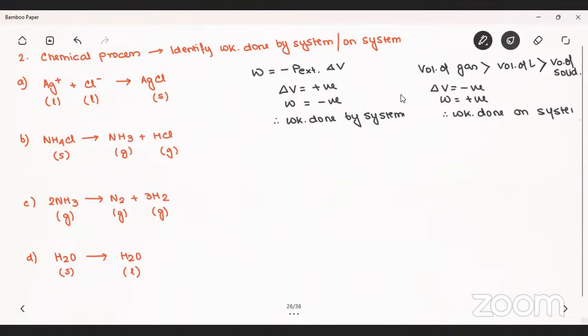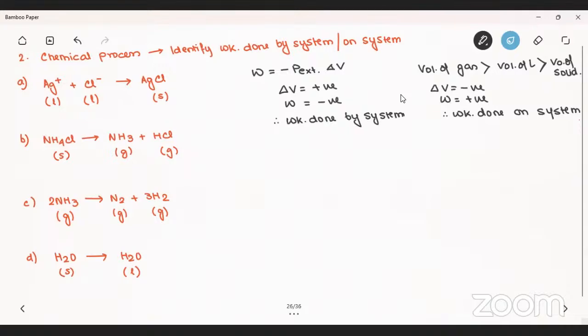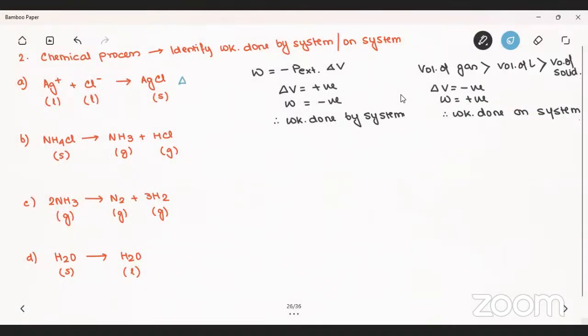Now, how will you know that this W is positive or negative? This delta V is positive or negative? See, to calculate this delta V, you have to subtract reactant from product, for this question only.